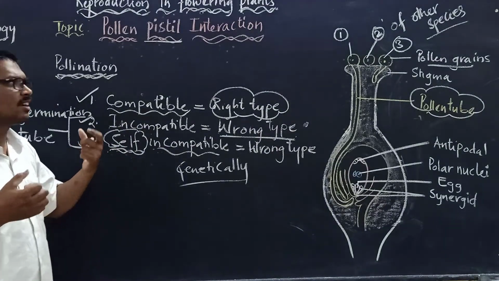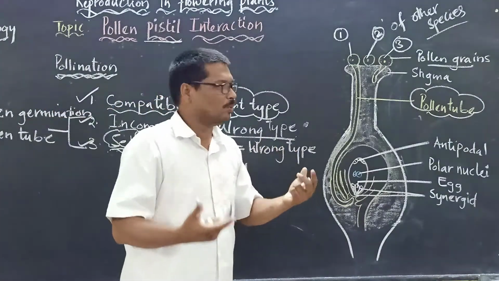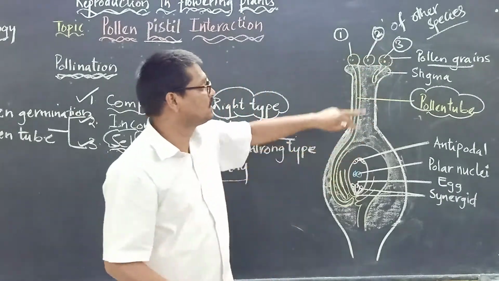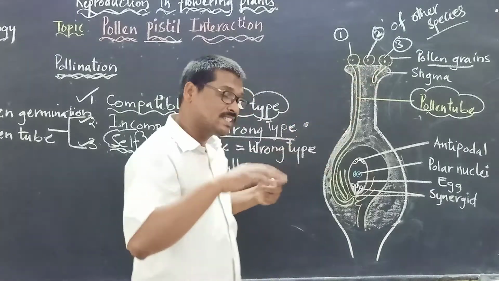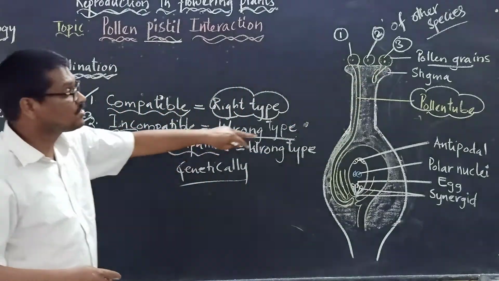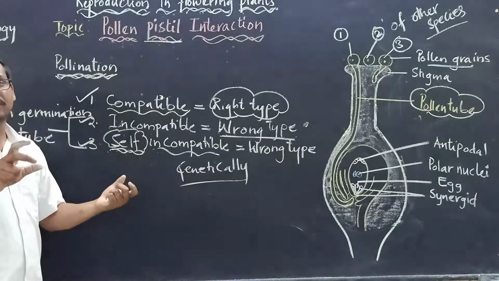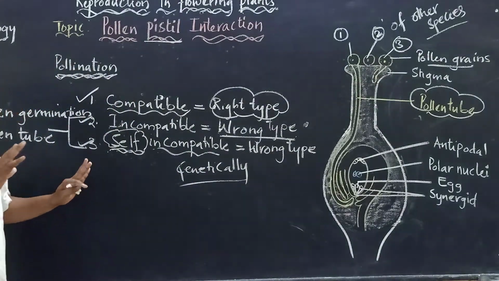When the pollen grains are rejected, they will not grow. If the pollen is completely from another species, it will not germinate at all. And if it is self-incompatible, even if it germinates and produces the pollen tube, at a certain period of time it may be totally destroyed.